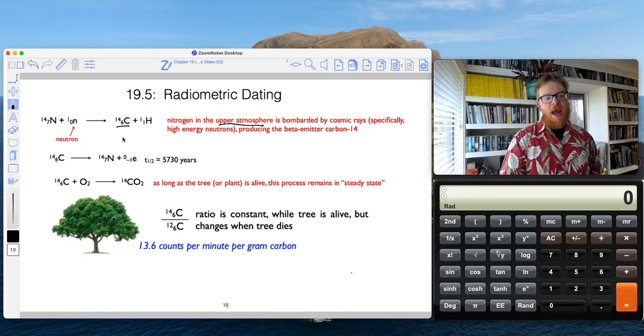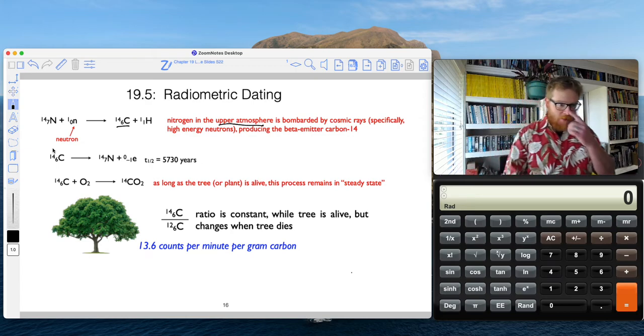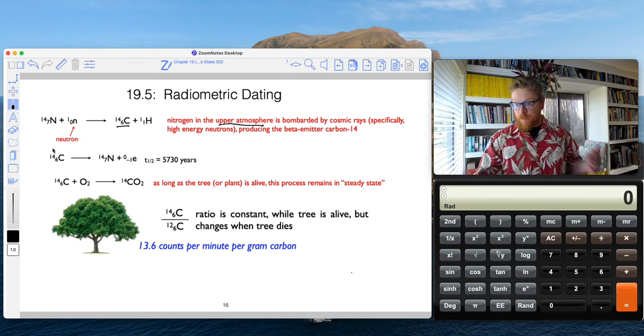This carbon-14 will undergo beta decay with a half-life of 5,730 years. And this carbon-14 that's been placed in the atmosphere, above the natural abundance, will get taken up by plant life, for example.